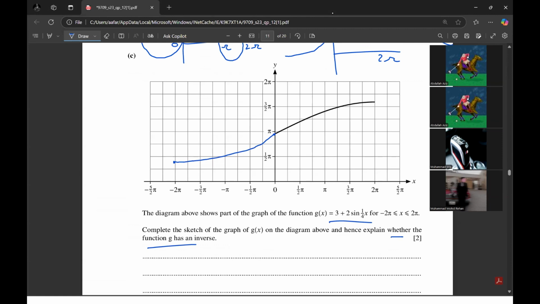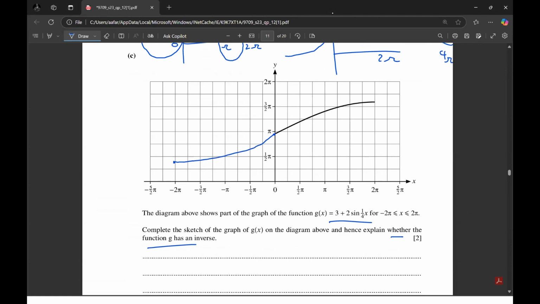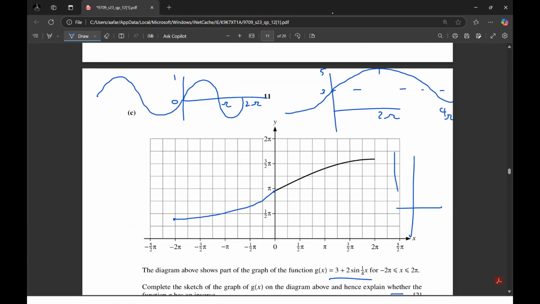Now they've asked us to explain whether the function has an inverse. To check if a function has an inverse, draw a horizontal line and see how many times it intersects the graph. If it intersects more than once, it will not have an inverse. That's why a graph of x squared with no restriction in domain will not have an inverse.